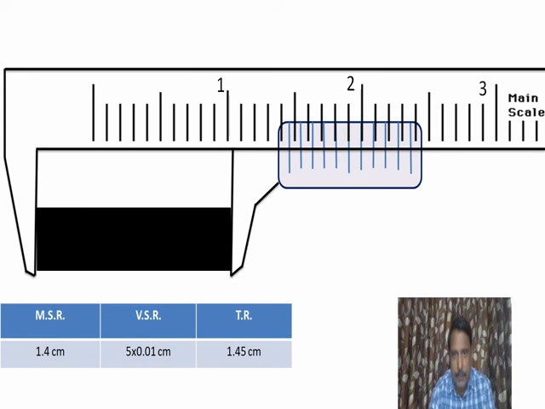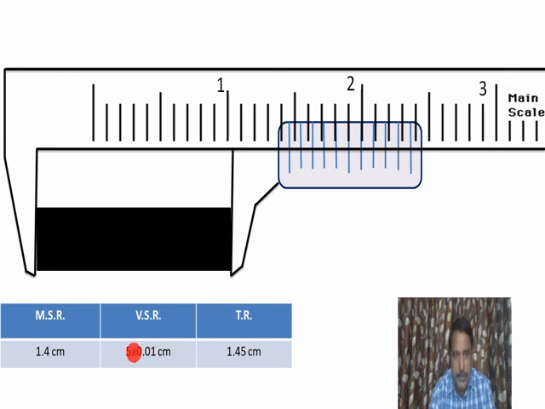And what is the Vernier scale reading or Vernier scale division? You start looking from this mark. This is not coinciding. Second is not coinciding. Third is not coinciding. Fourth is also not coinciding. This fifth one, you can see the fifth mark is coinciding with the main scale. So you enter here 5 into least count, that is 0.01 centimeter.